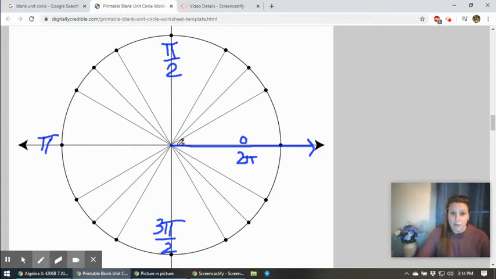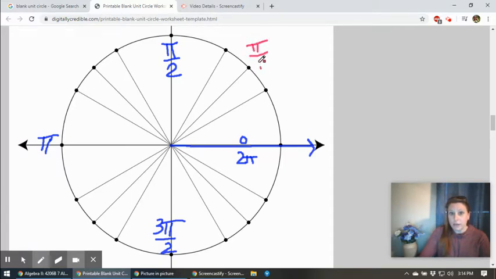So then I want to think about these middle pieces here. And so basically this point right here, this angle is halfway between 0 and pi over 2. So this is a half of a pi, so halfway between is going to be pi over 4, or a fourth of a pi.